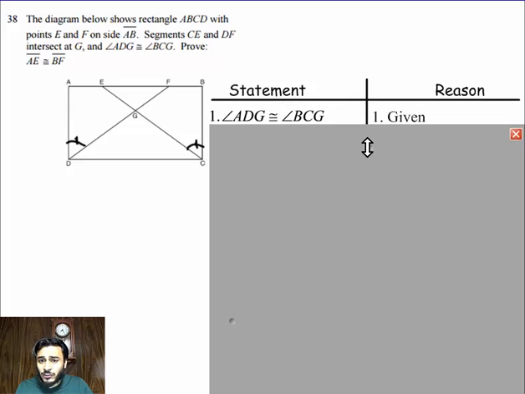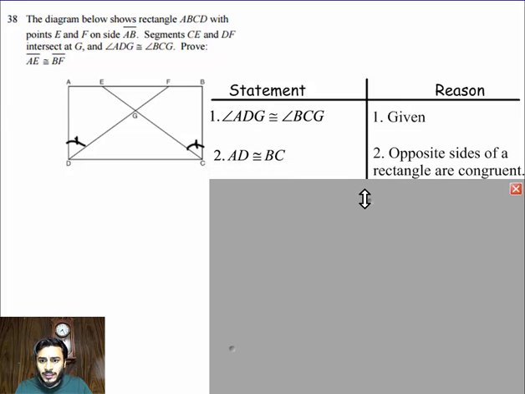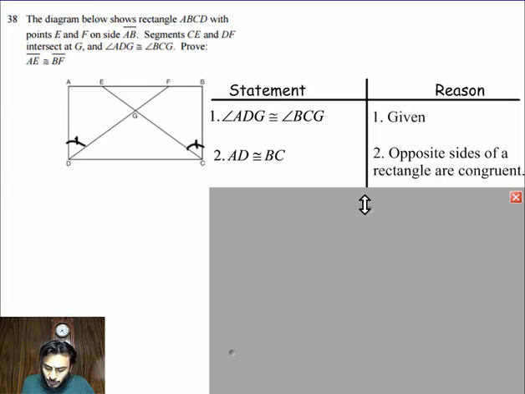So I started the proof by putting the given down. So that's my first statement. My next statement is I said that AD is congruent to BC, and it's because opposite sides of a rectangle are congruent. Now, why am I going that route?